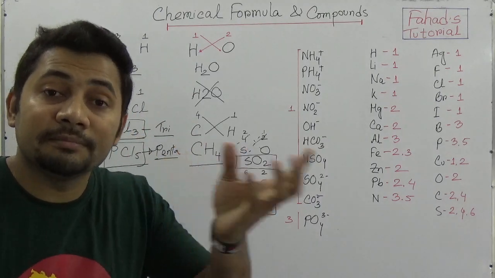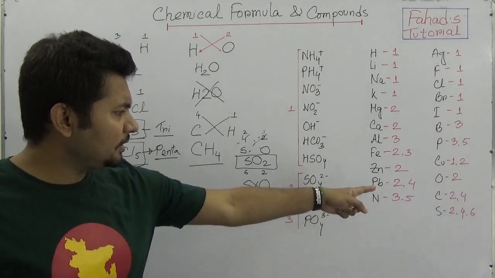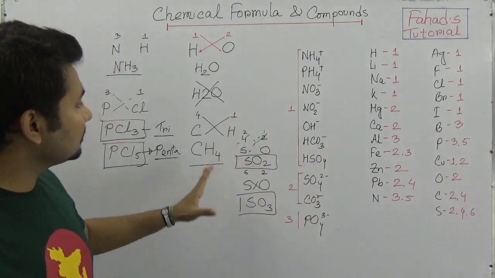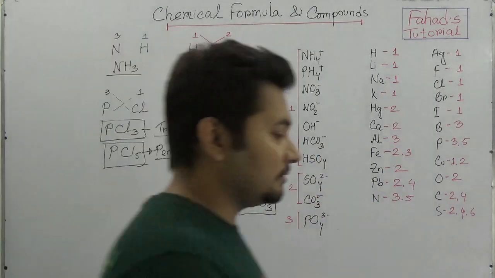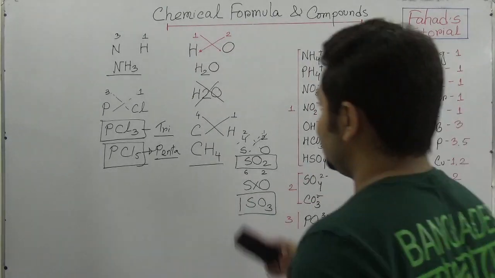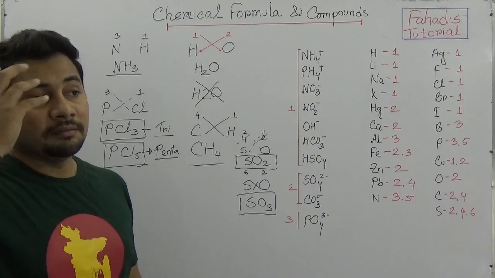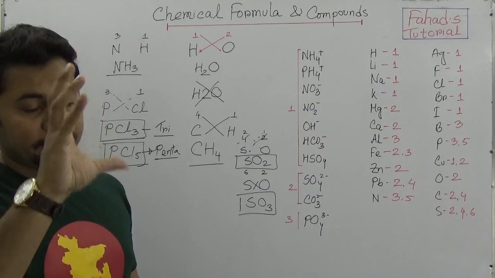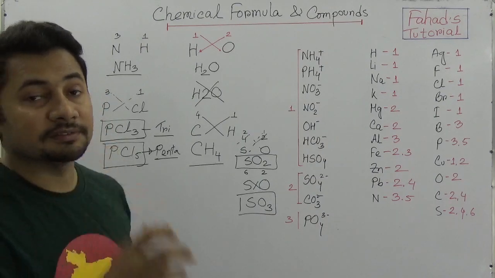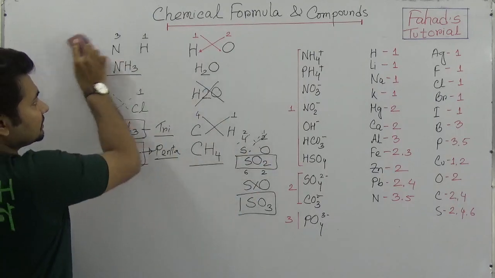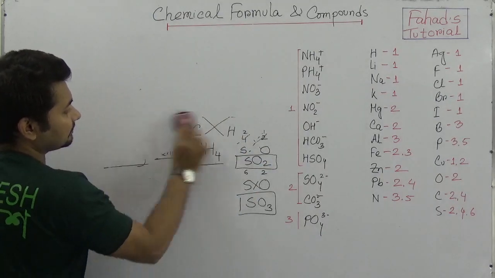Based on the variable valency. Based on variable valency we can have lots of compounds. This class may be 1 hour long if I want to give you at least 200 chemical formulas or 200 compound names. So I'm just moving on to give you some other examples.